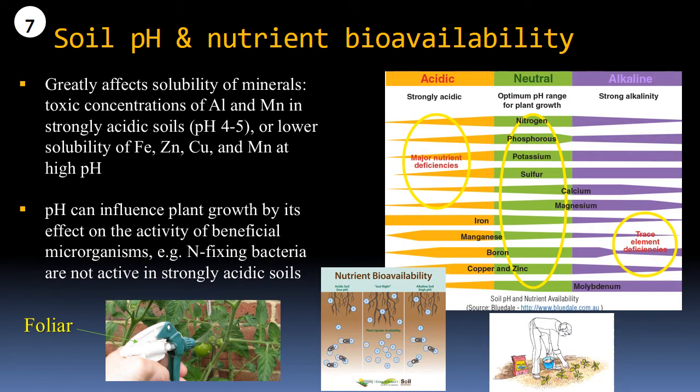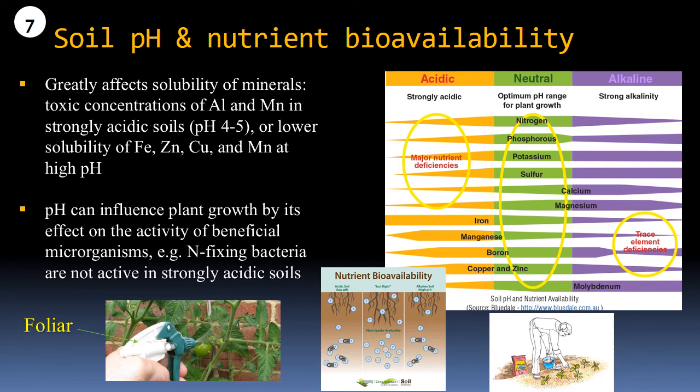The concept of soil pH is very important for nutrient bioavailability. Why? Because depending on the pH, we can say that the nutrient can be bioavailable or not. Bioavailable means to be easily released to the plant and therefore able to be absorbed.